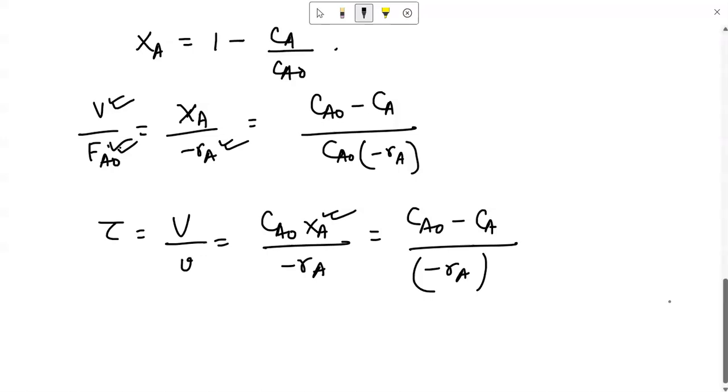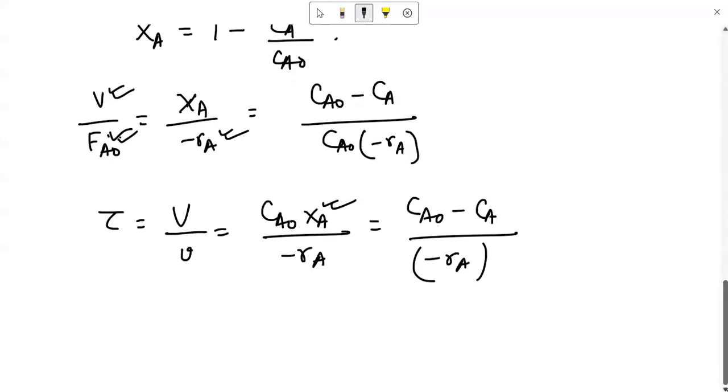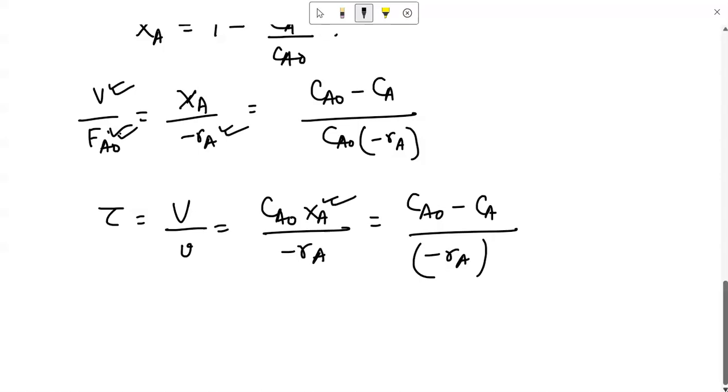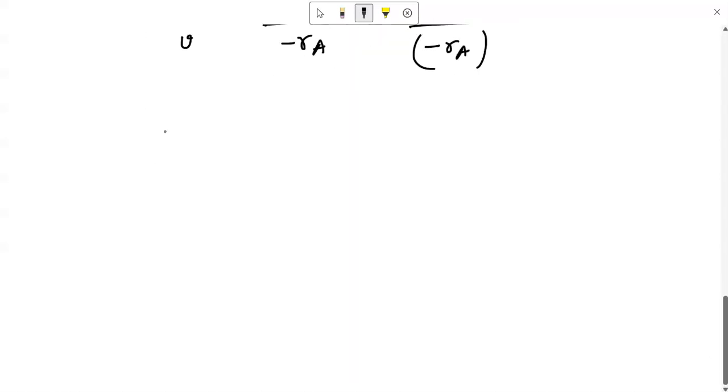Now I'm going to graphically show you what the design equation is actually representing.